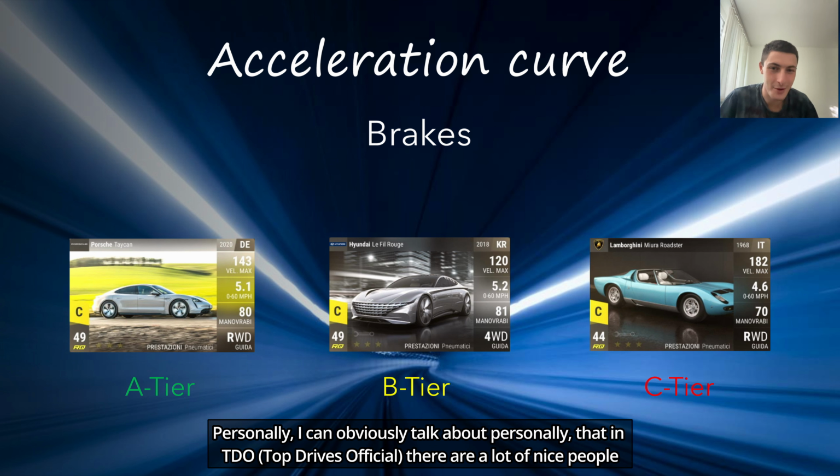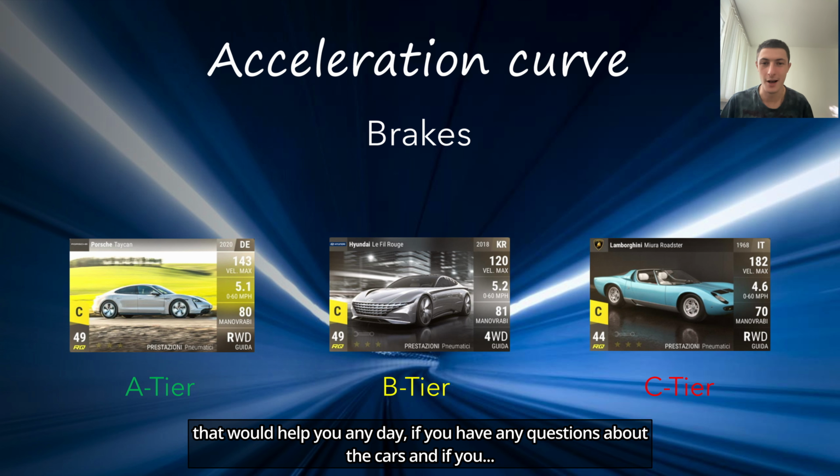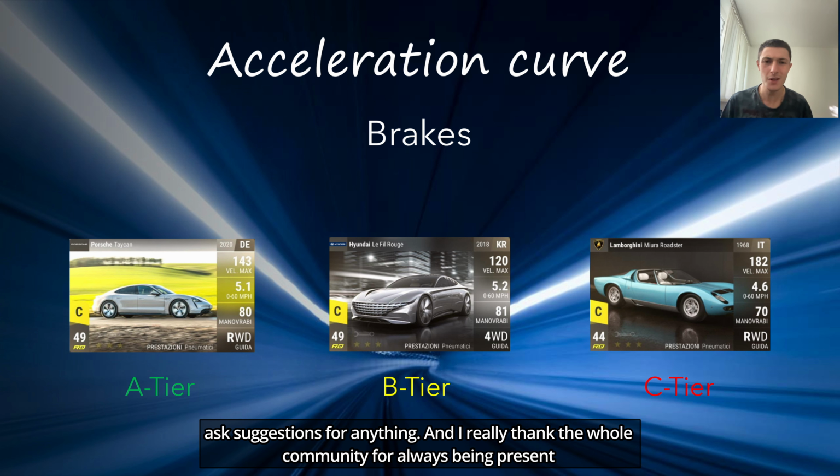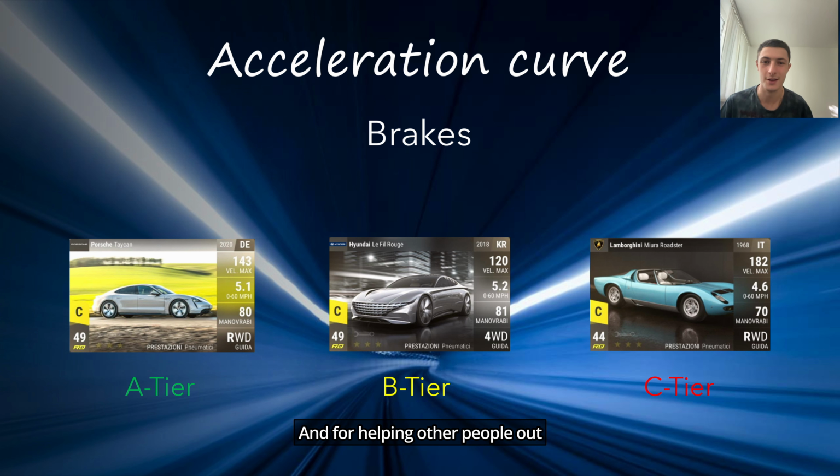Personally, in TDO, so Top Drives Official, there are a lot of nice people that would help you any day if you have any questions about the cars, or if you ask for suggestions for anything. And I really thank the whole community for always being present and helping the other people out.